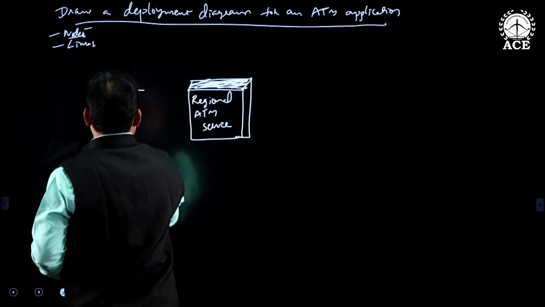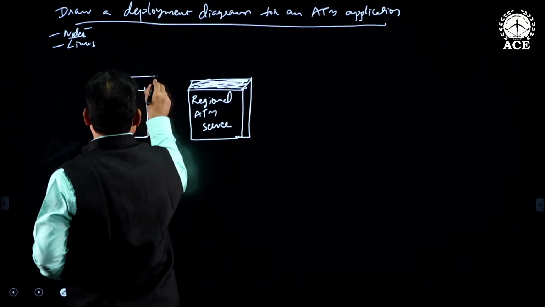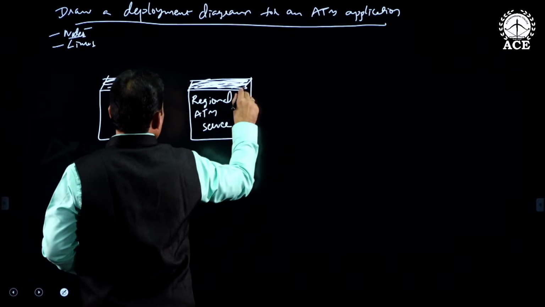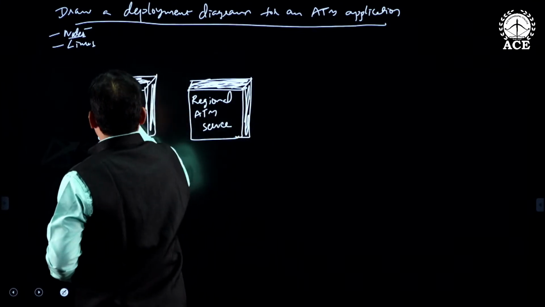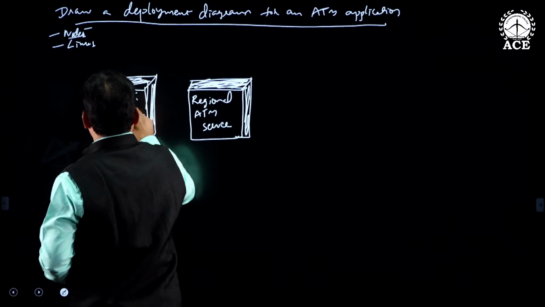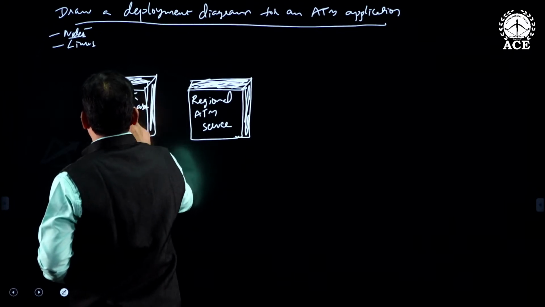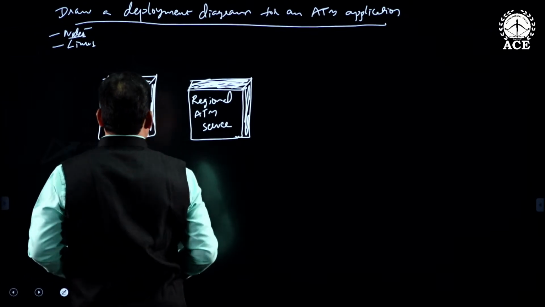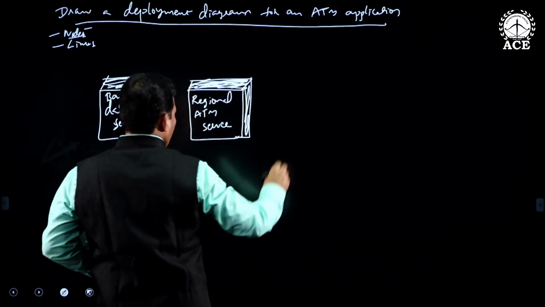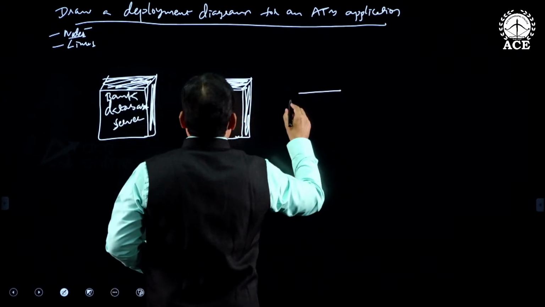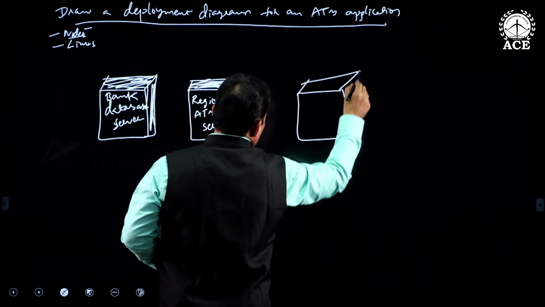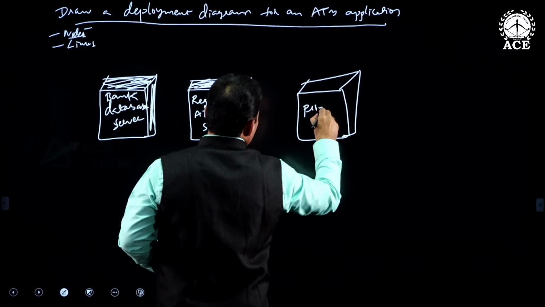One more node, the bank database server. This is also one of the nodes, the bank database server, right? One more node: if the bank manager wants to take a print, one more element is supposed to be there, we call it a printer.